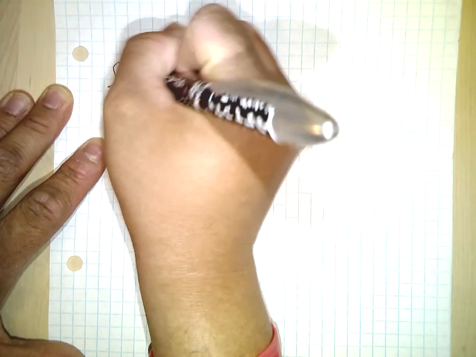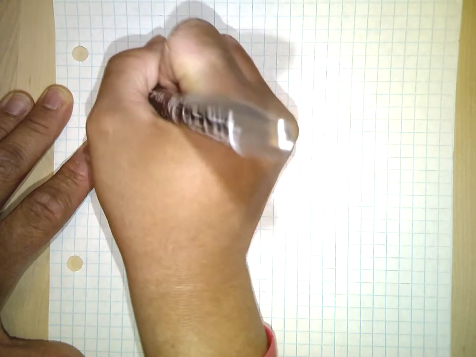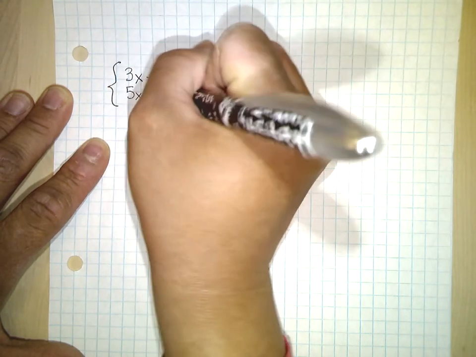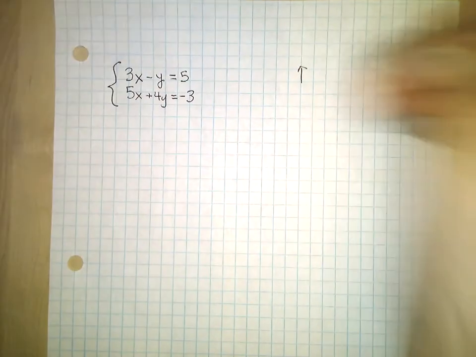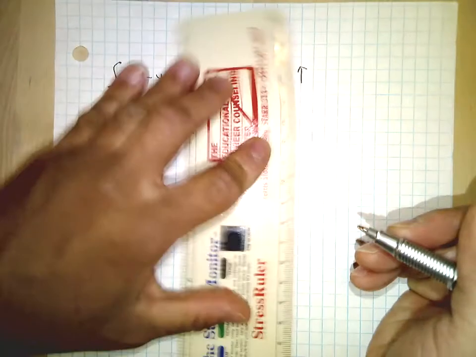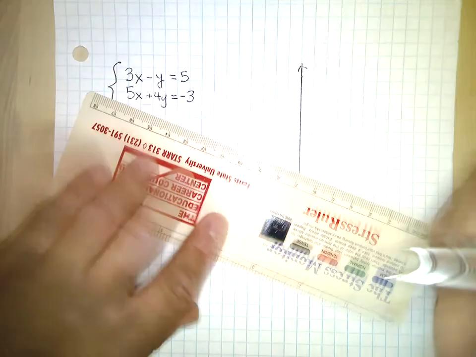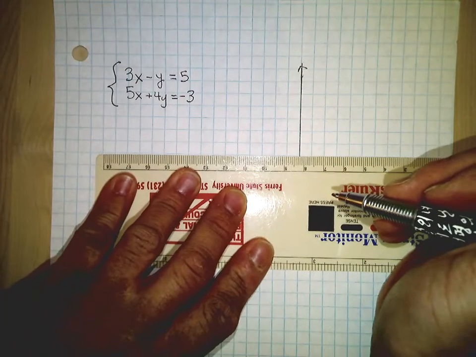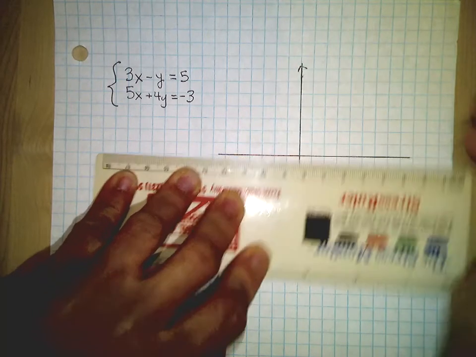We see it was 3x minus y equals 5, and 5x plus 4y equals -3. To solve the system of equations by graphing, and I'll even get out my ruler here, we will start by graphing each of these lines.